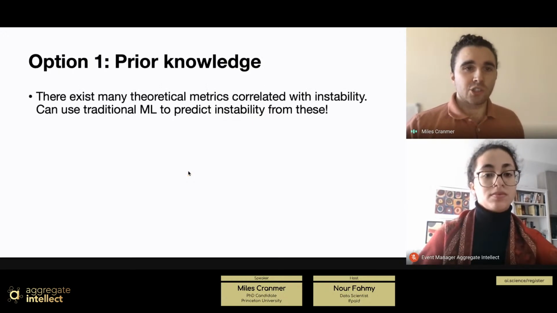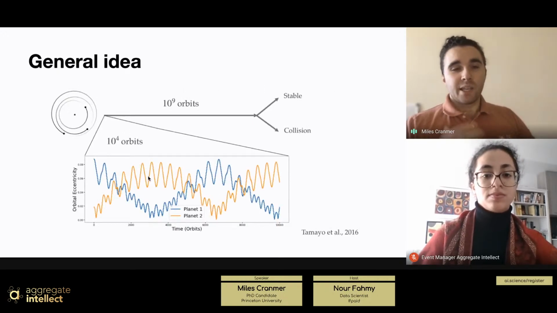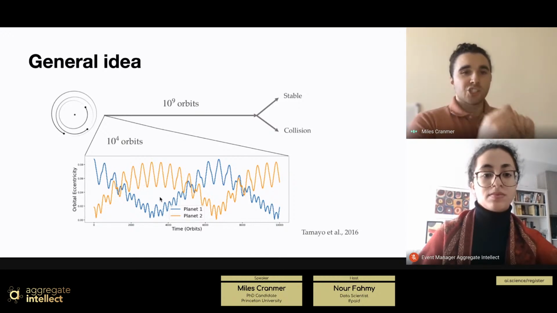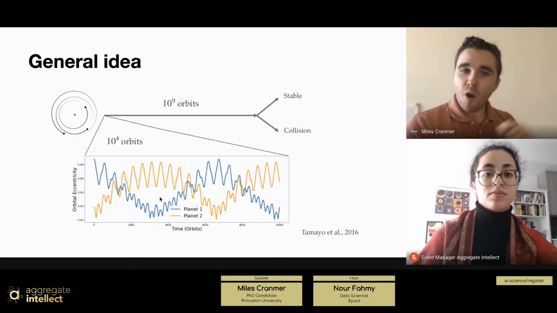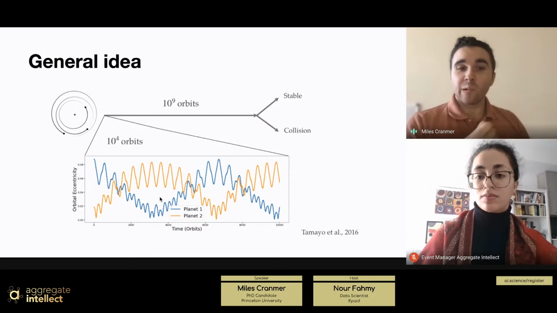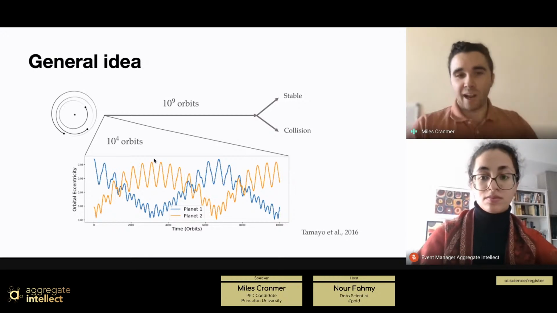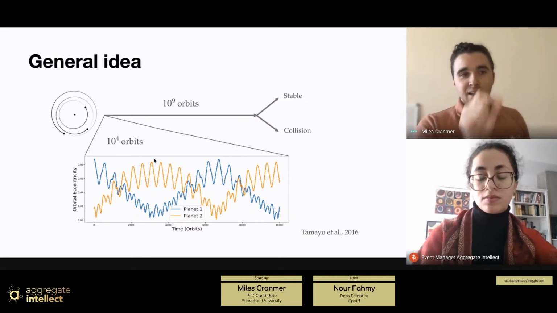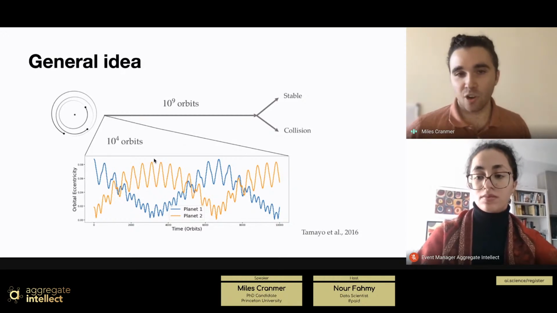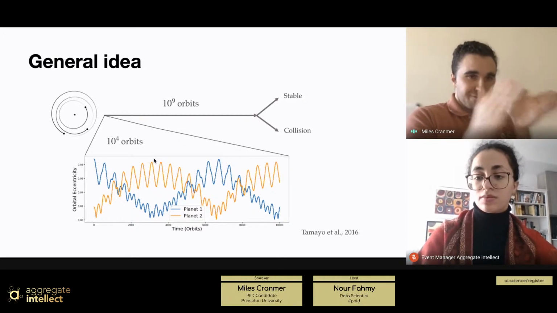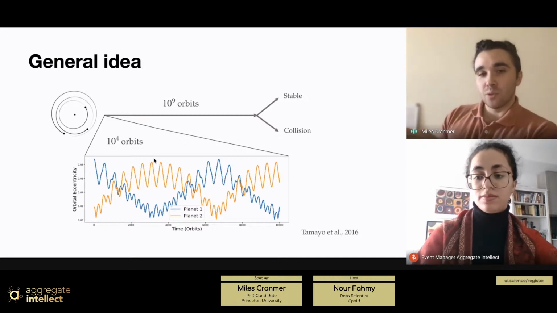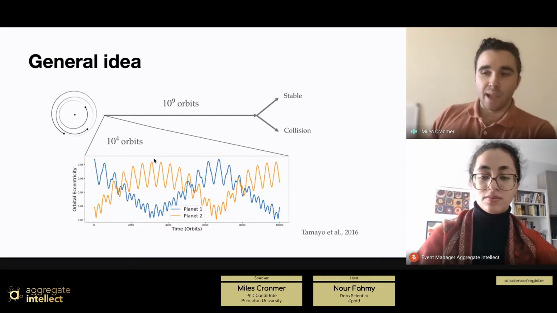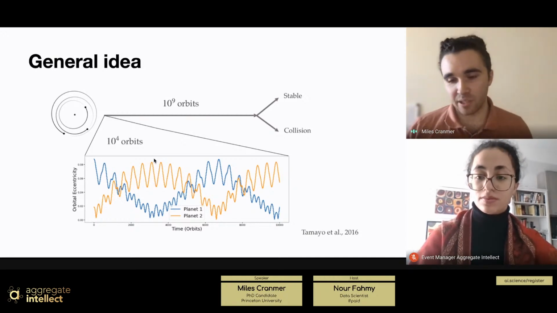The trick we use is we generate a time series over the planetary parameters. The planets move around, and these are time series because it's the positions of planets over time. We can feed that into a deep neural network and have it predict the instability.